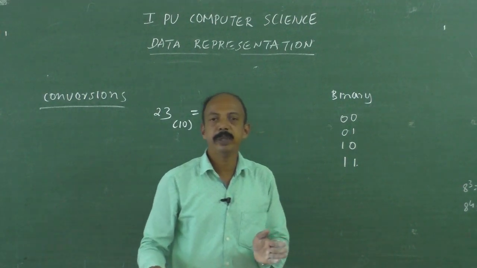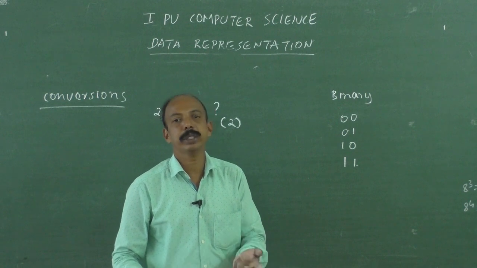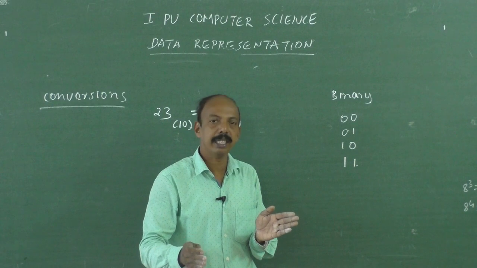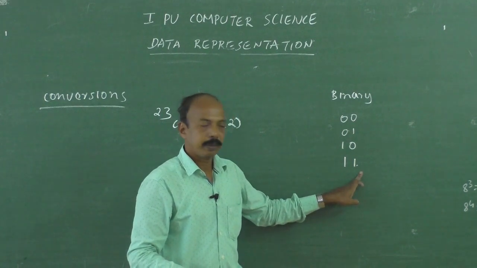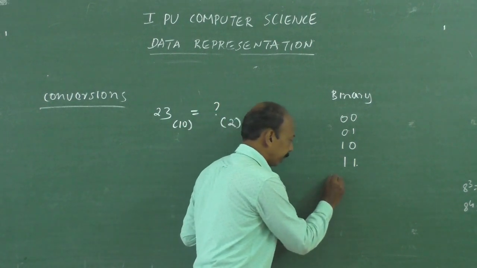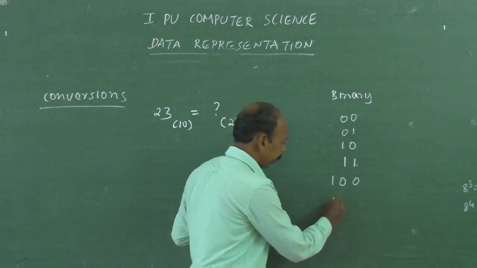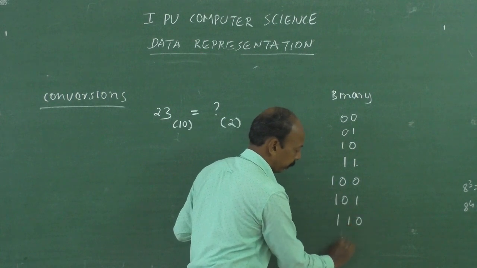After 99, we don't have any other symbol with which we can represent it with 2 symbols, so we go for 100. Similarly here, after writing 11, with respect to 2 bits, we don't have any other symbol, so we take one extra bit: 100, then 101, 110, 111.